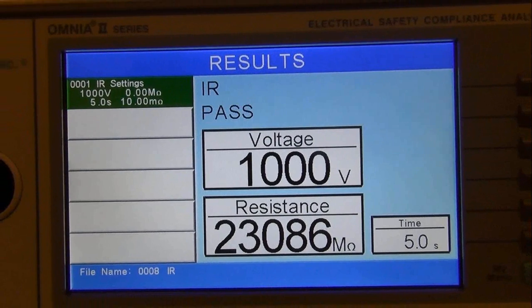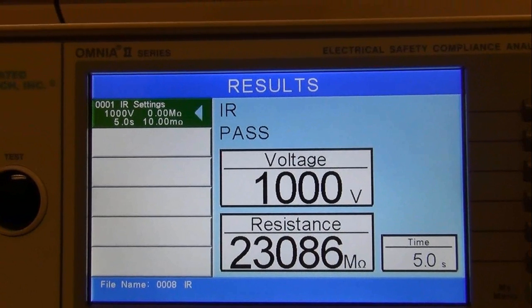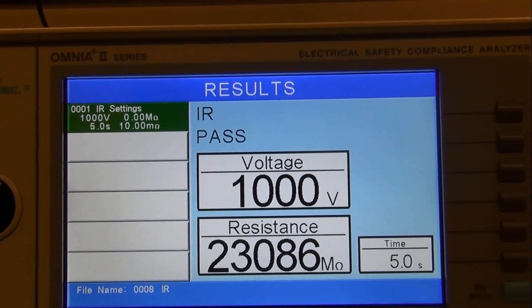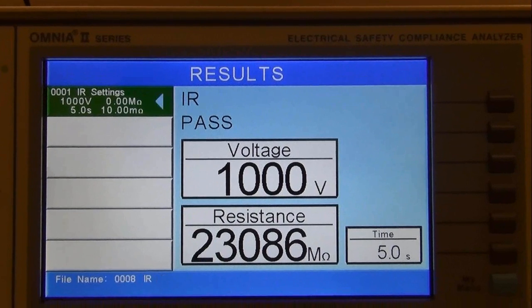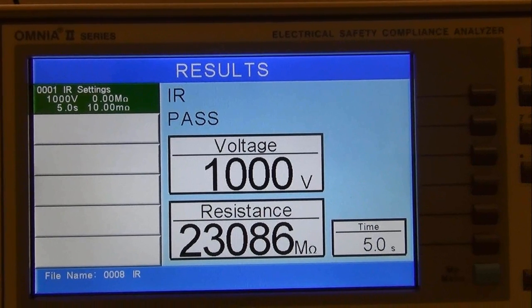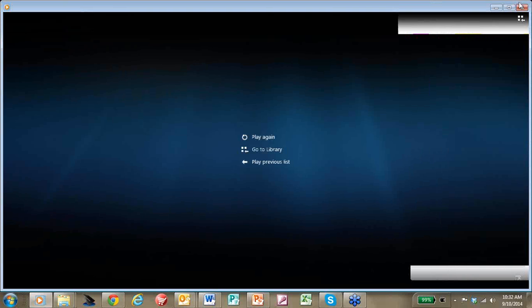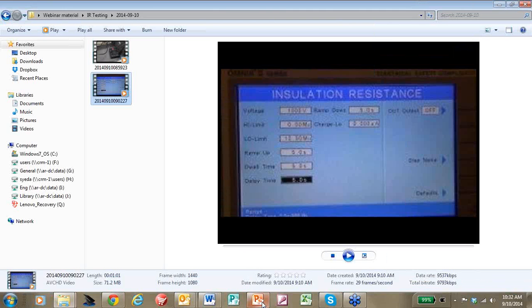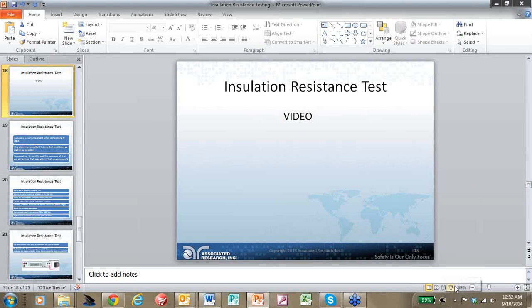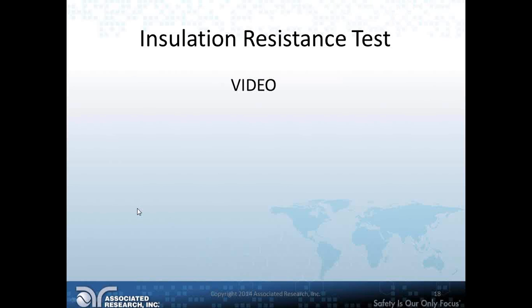And what we see here is a lower value. If I remember correctly, in the video that we ran before this, for a 60-second insulation resistance test, the resistance value came out to be something around 35,000 megaohms. Here it was in the 23,000s.